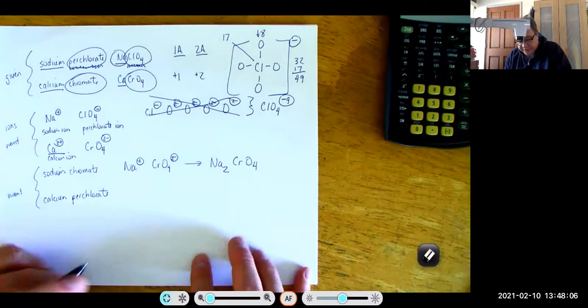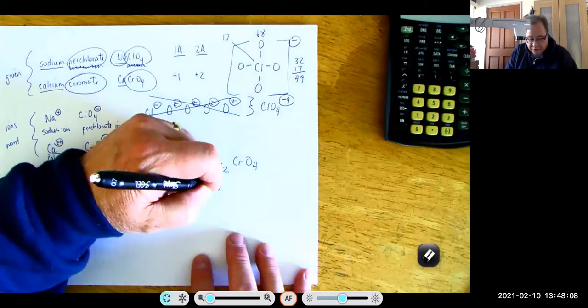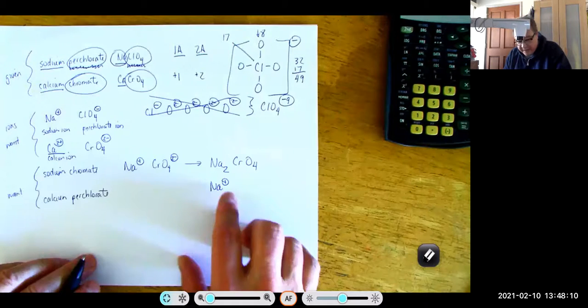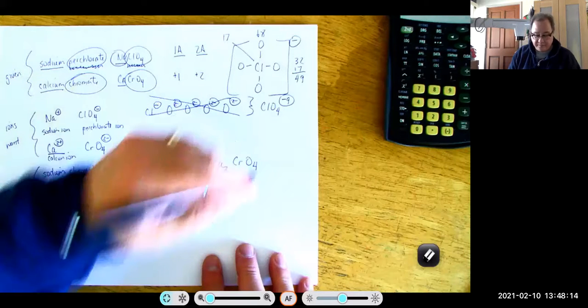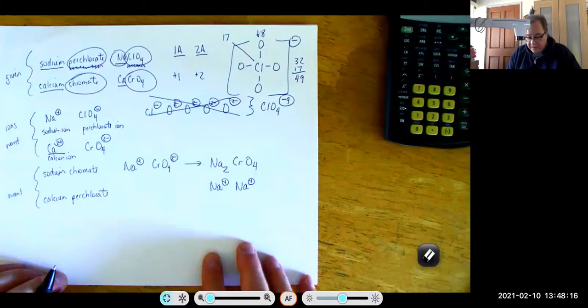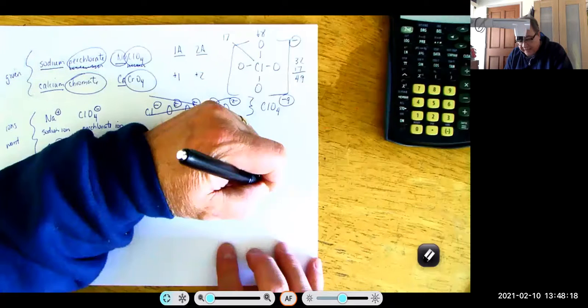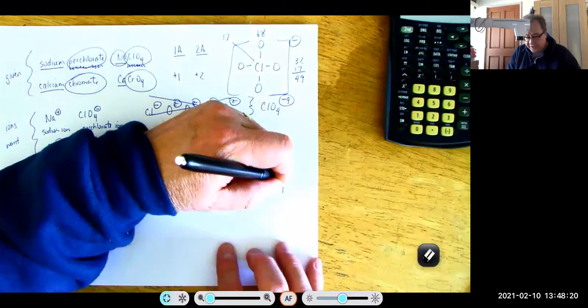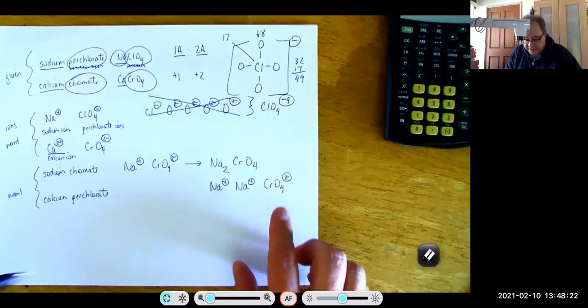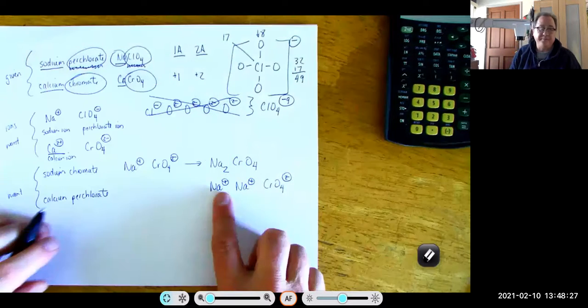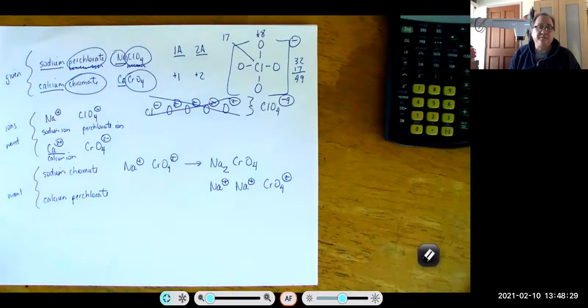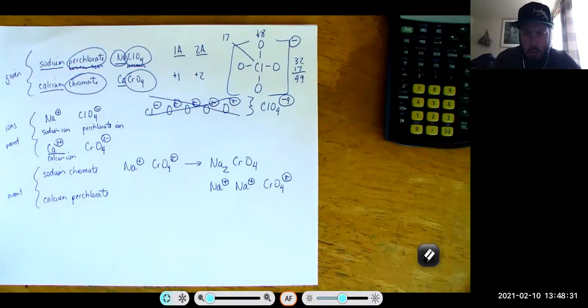Na2 means you've got 1 sodium ion and another one. Here you've got one of these with a -2 charge. Does this all add up to 0 charge? Yes. So we've done it right.